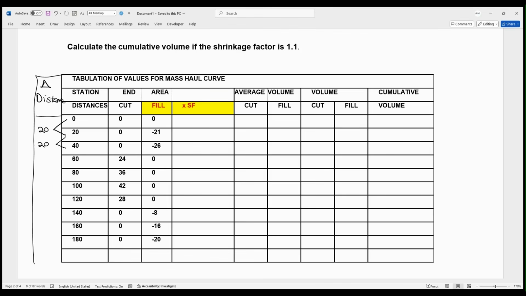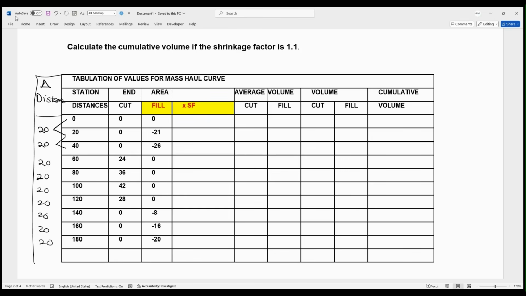The distances go 20, 40, 60, 80, 100, so it's a difference of 20 each time: 20 here, 20 here, 20 here, and so on.